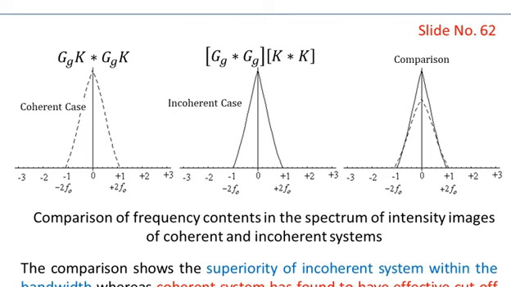Both are shown together. Look at the dotted line at the foot, which is slightly extending in width in comparison with the width of the spectrum of the incoherent result. And at the same time you will see that the height of the coherent data, that is the height of the main lobe, is reduced in comparison with the height of the incoherent system.